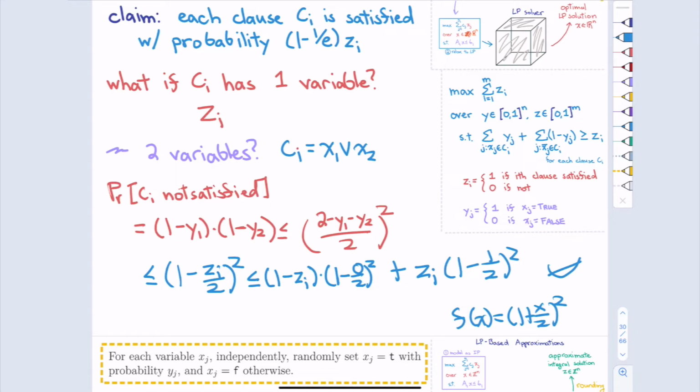Okay. And then if we work this all out, we get something like 1 minus zi plus zi over 4, which is equal to 1 minus 3/4 zi.